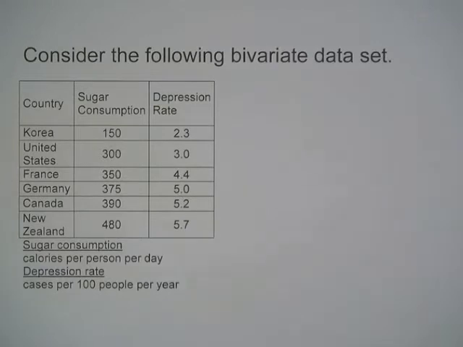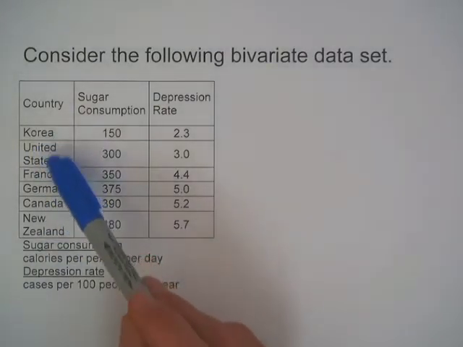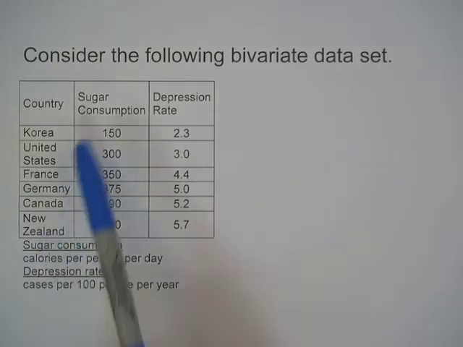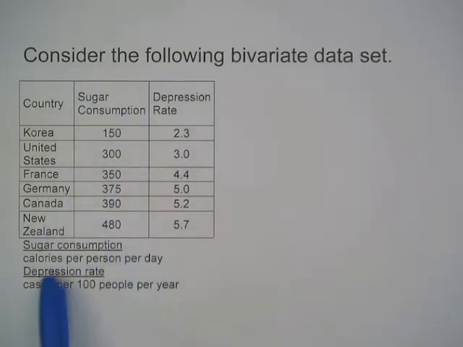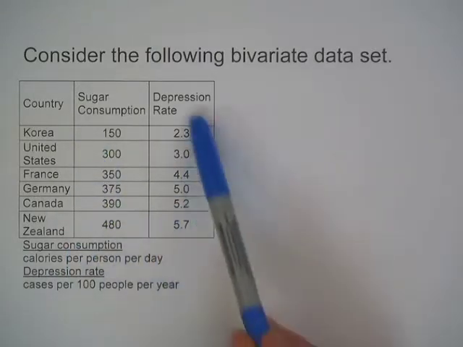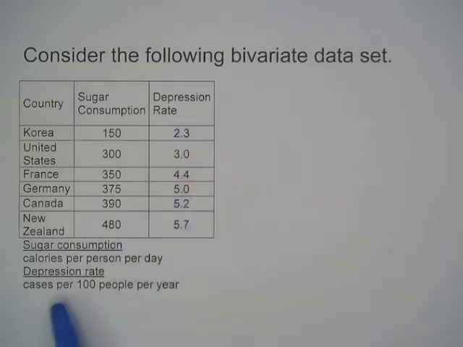What we have here are 6 countries, and the two variables that we are measuring are sugar consumption, measured as calories per person per day from sugar, and depression rate. The depression rate numbers are the number of cases per 100 people per year.